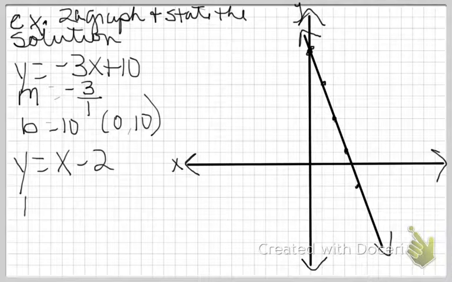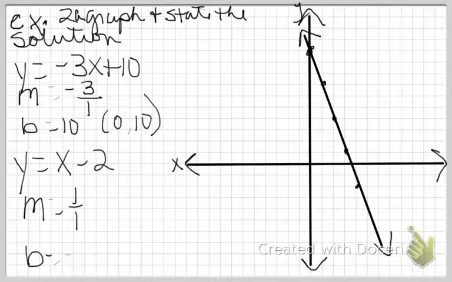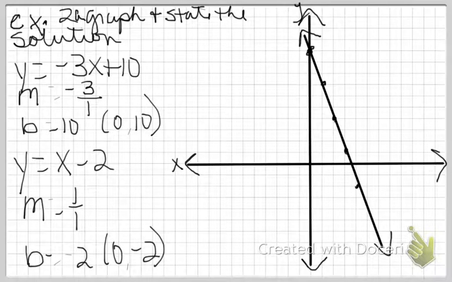Okay, the other equation, the slope is 1 over 1. Your y-intercept is negative 2, which is the ordered pair 0, negative 2. Plot 0, negative 2. And your slope is up 1 over 1.